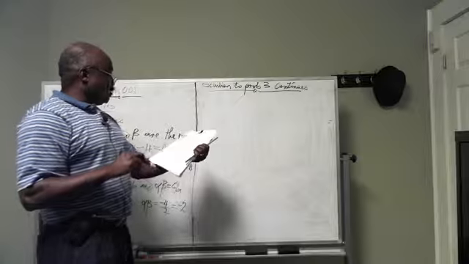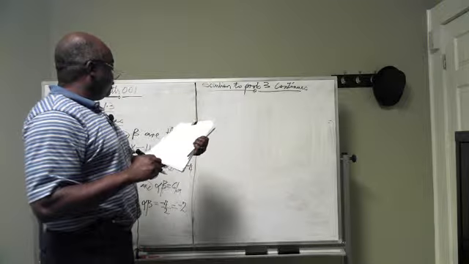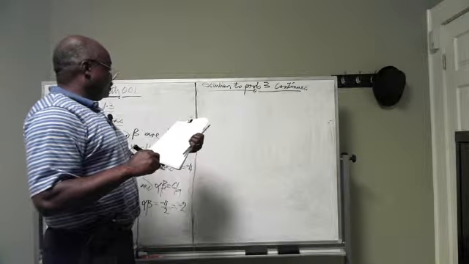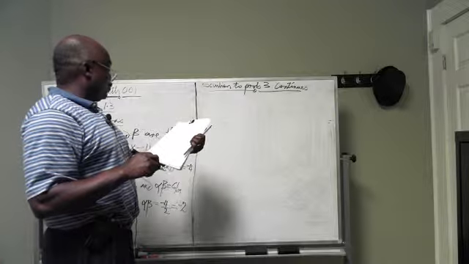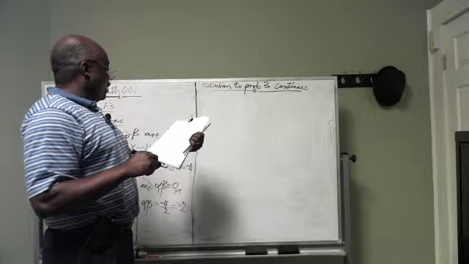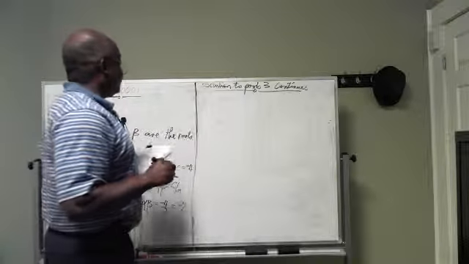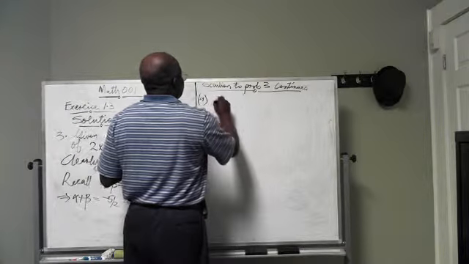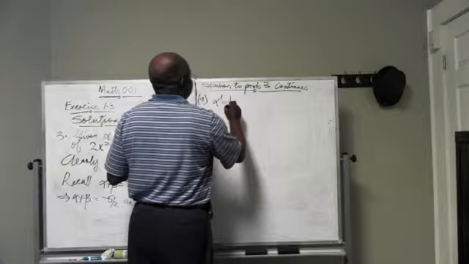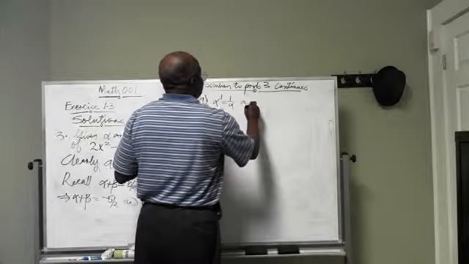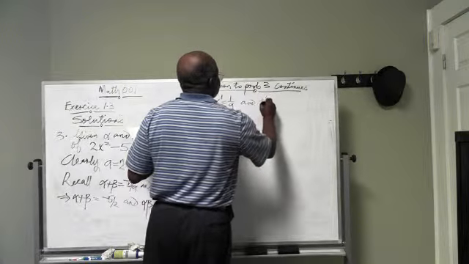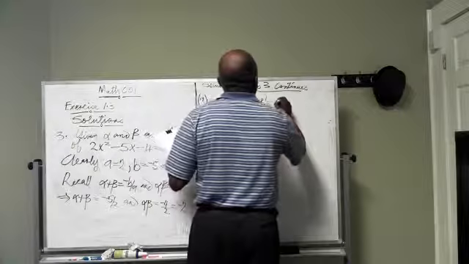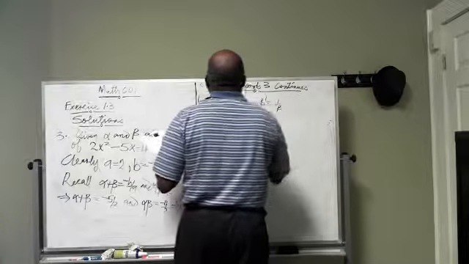Problem 3a requires that we find the equation whose roots are 1 over alpha and 1 over beta. A, alpha prime equals 1 over alpha and beta prime equals 1 over beta.